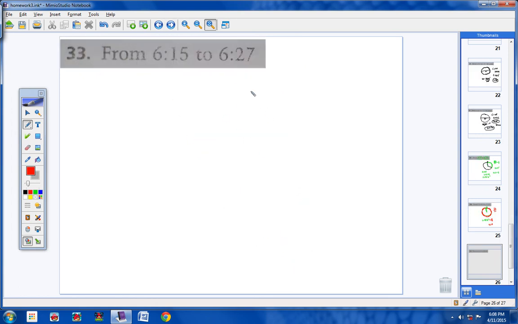Let's try another one, okay? Now we've got a circle or clock, and the minute hand is pointing to the 3 because it's 6:15. Then it travels down, and it stops right here at 6:27. Up here at 6:15.